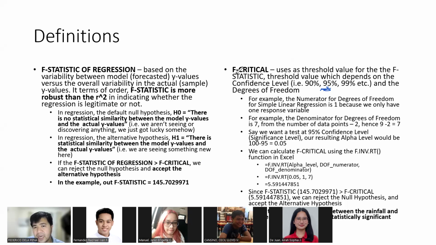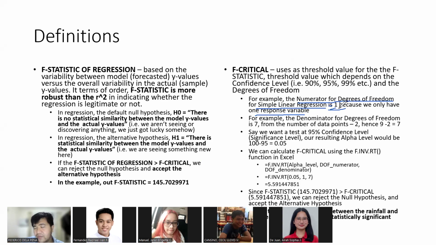The F critical is also dependent on the degrees of freedom. For our rainfall flooding example, the numerator for the degrees of freedom is 1, because when you're doing a simple linear regression, we only have one response variable.